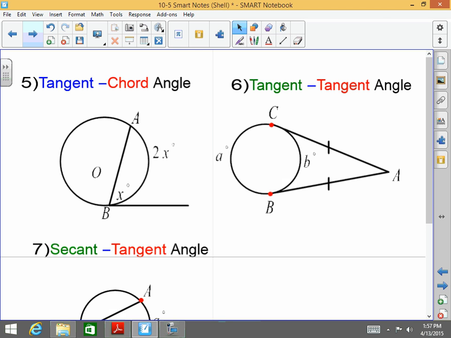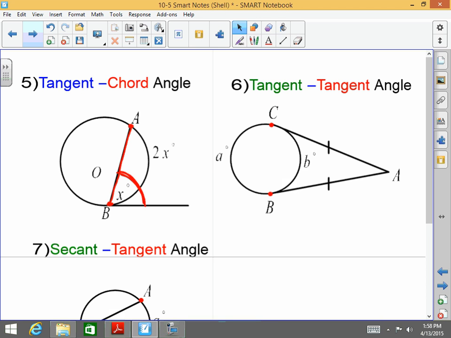When that one point, or point of tangency, is also a point of a chord, this angle right here, it's not limited to what's inside the circle. Please make sure. This angle right here, this whole angle, okay, it's half of the arc that it intersects. Or in other words, the arc is 2 times that angle.